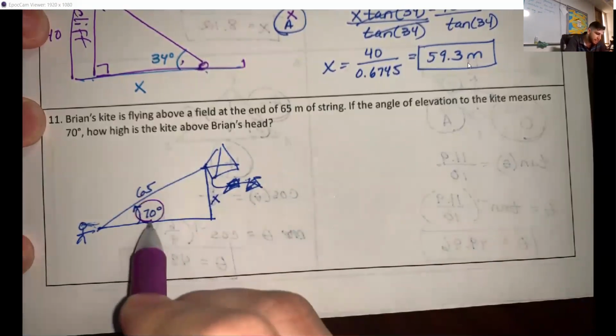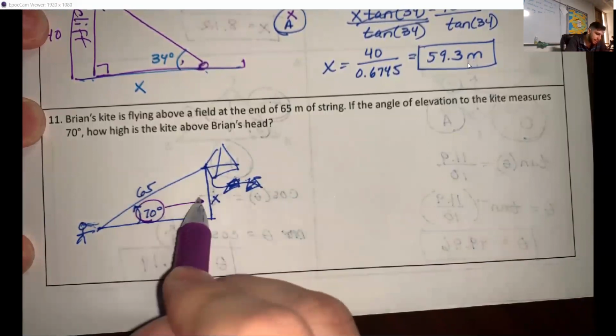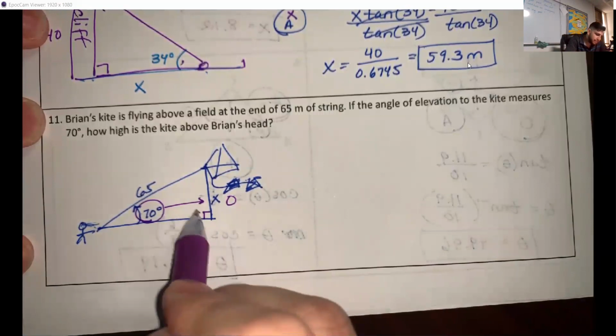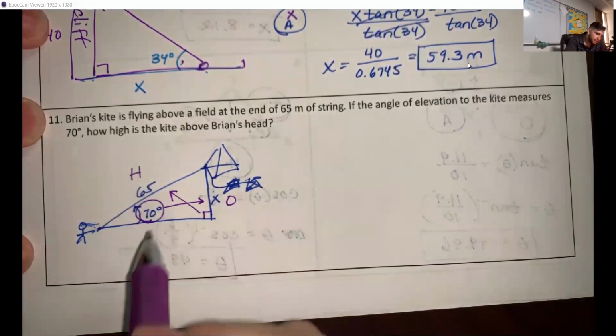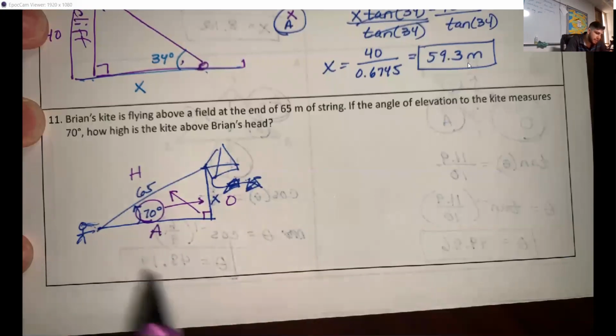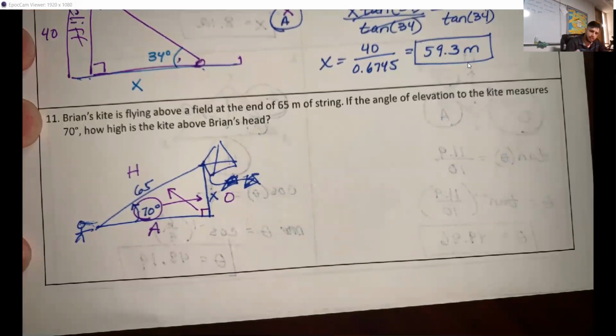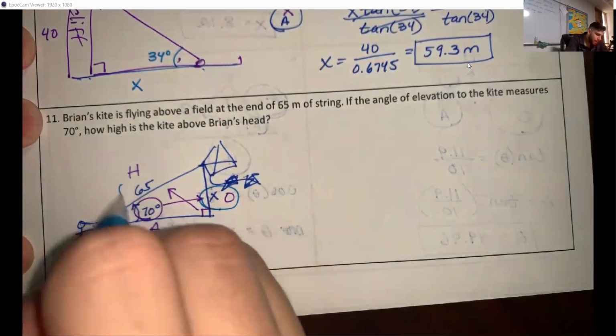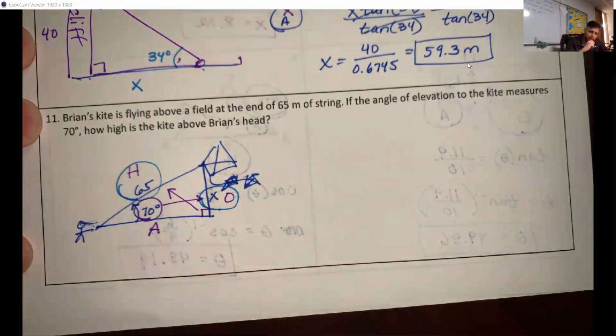So from the perspective of 70 degrees, opposite of that is x. Opposite of the 90 degrees is 65, so that's the hypotenuse. And then the one left over is adjacent. Finally, we have a sine function, right? Because if I circle what we have here, we have something with the opposite, something with the hypotenuse, and adjacent is by itself.